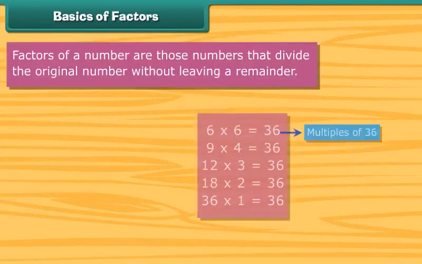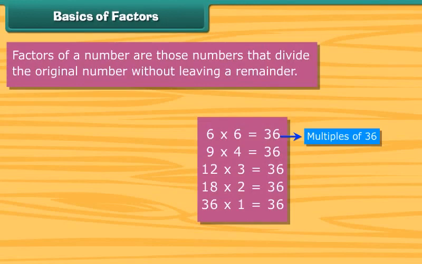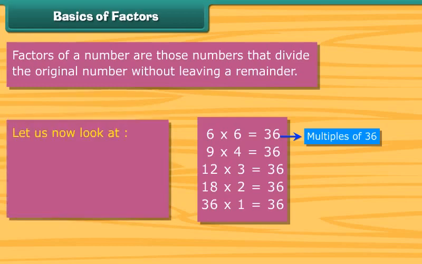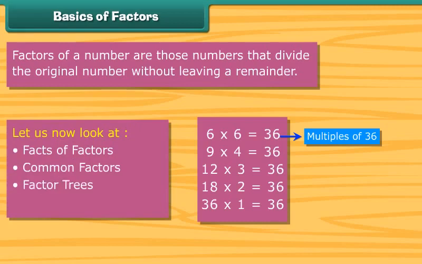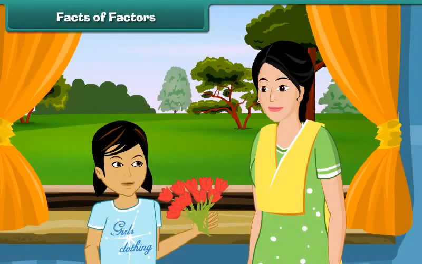Getting to know factors. Miss Rita, Prerna's maths teacher, is playing another game with her students to teach them the concept of factors. Miss Rita calls a student and tells him to think of a multiplication table in which 12 appears as the product.